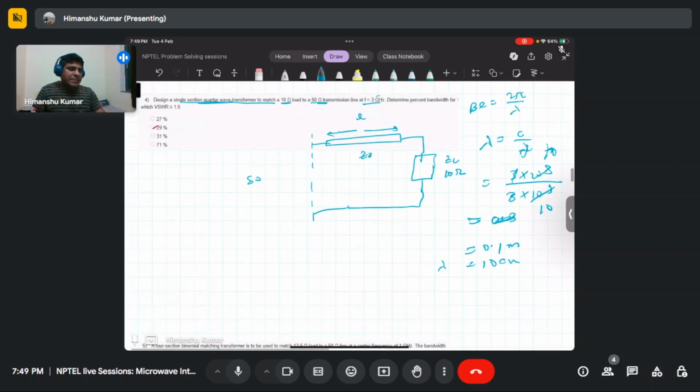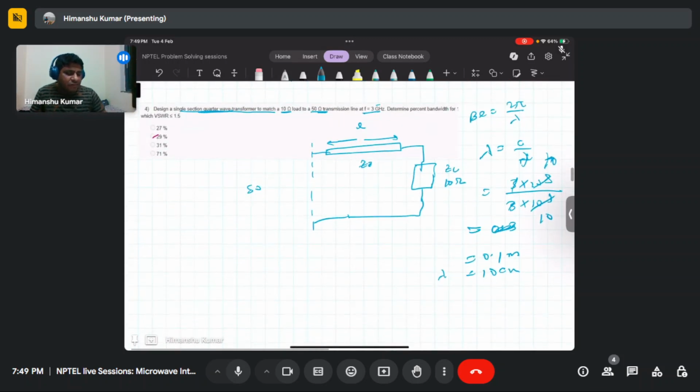Then for the single section line, at the center frequency, beta L equals pi by 2.